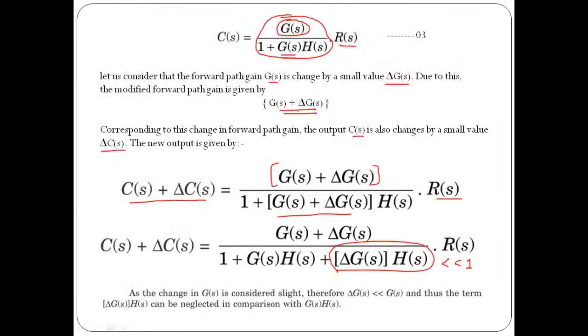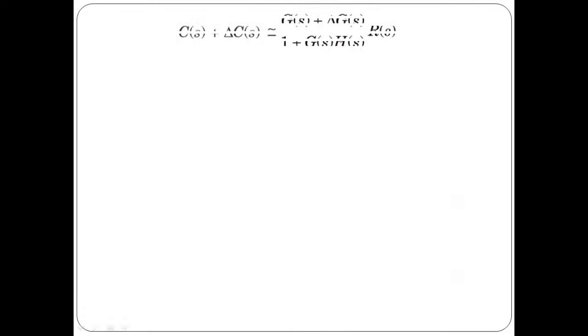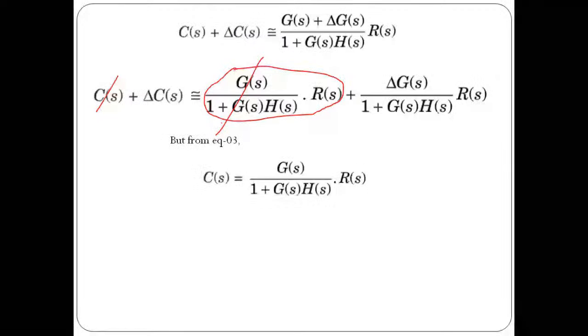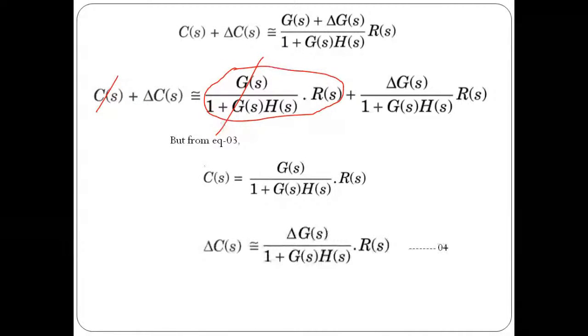From equation number 3, the output of the system in closed loop manner is G(s) upon 1 plus G(s) into H(s) into R(s). So this C(s) and this term are the same, so we cancel them out.